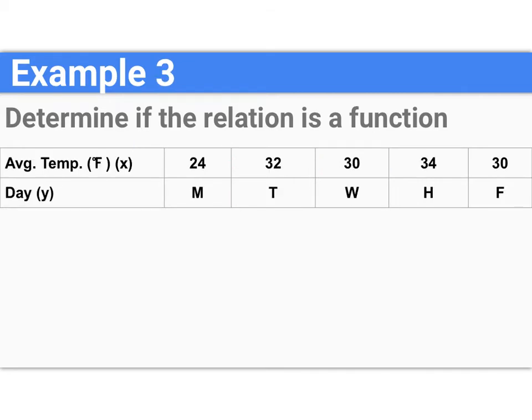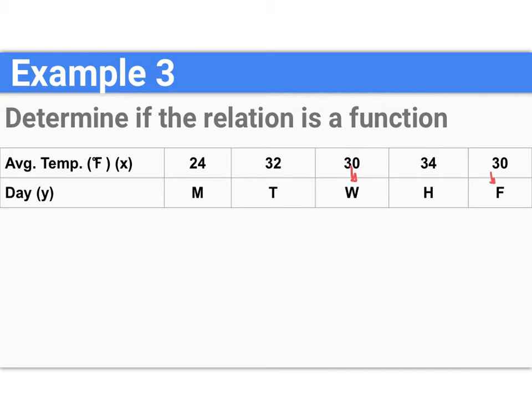Okay, determine if the relation is a function. And what do we have here? The number 30 occurs at Wednesday and Friday.